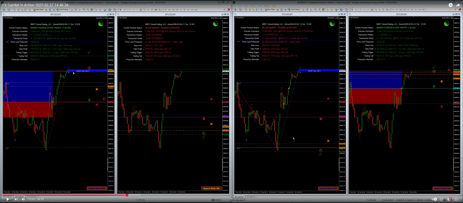So we are just a nudge away from activating the trailing trigger.